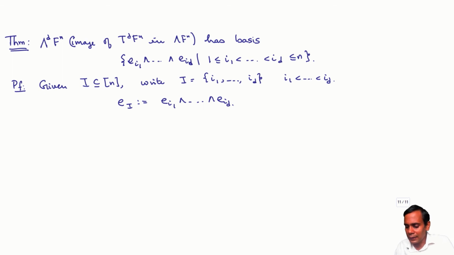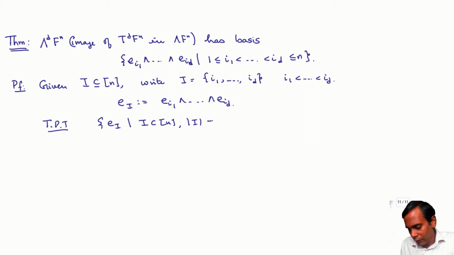So what I'm basically saying is that collections of strictly increasing indices between 1 to n are the same as subsets of the set 1 to n. And so what we want to show is that E_I, I a subset of n, cardinality of I equals d, is a basis of wedge D F^n.